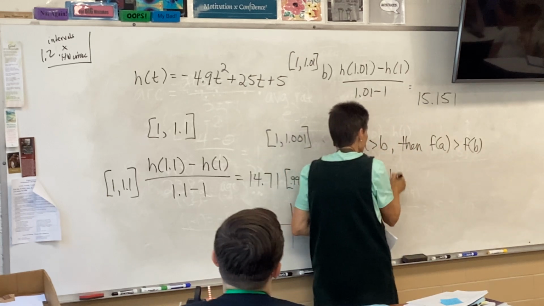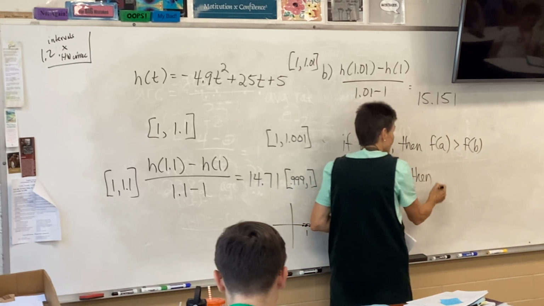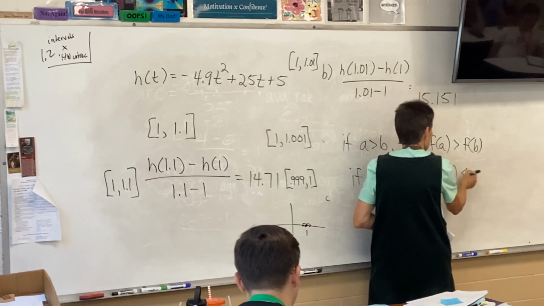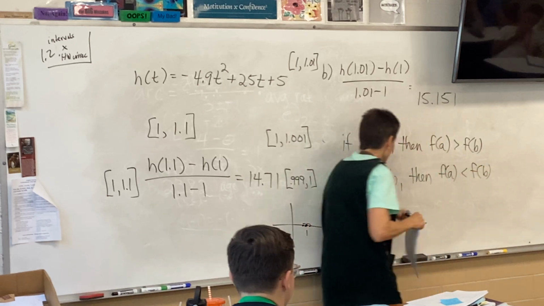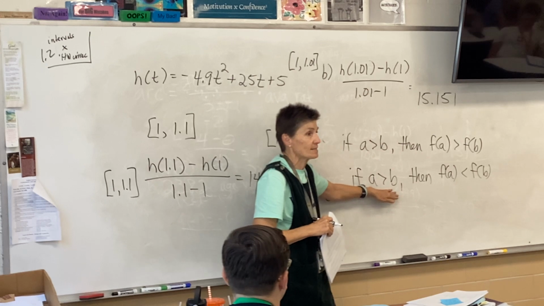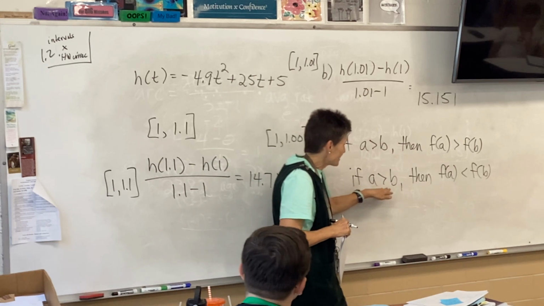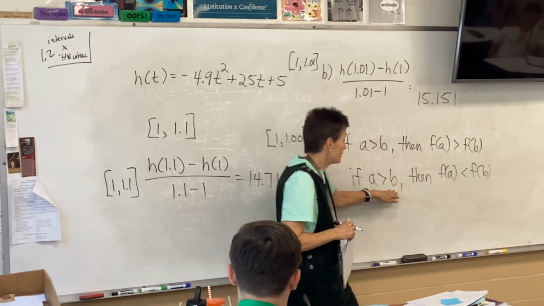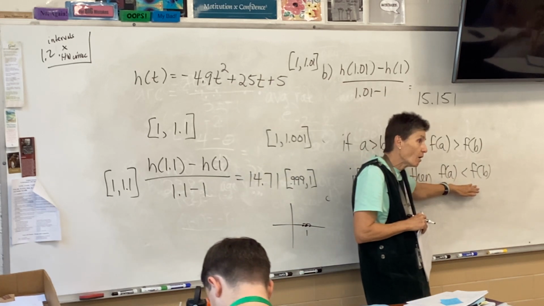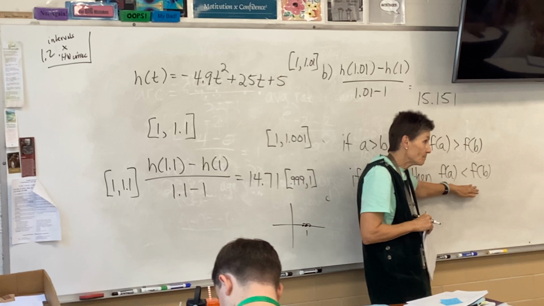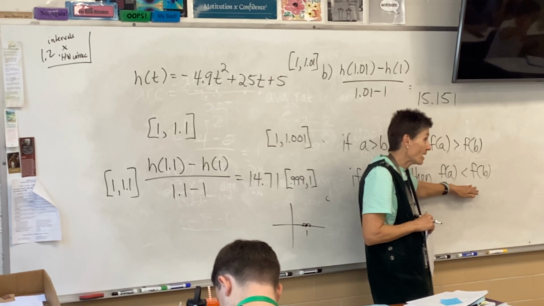If A is greater than B, then F of A is less than F of B. These are your inputs, these are your X's. So if my X's are growing, then my Y's are shrinking. That's decreasing, right?